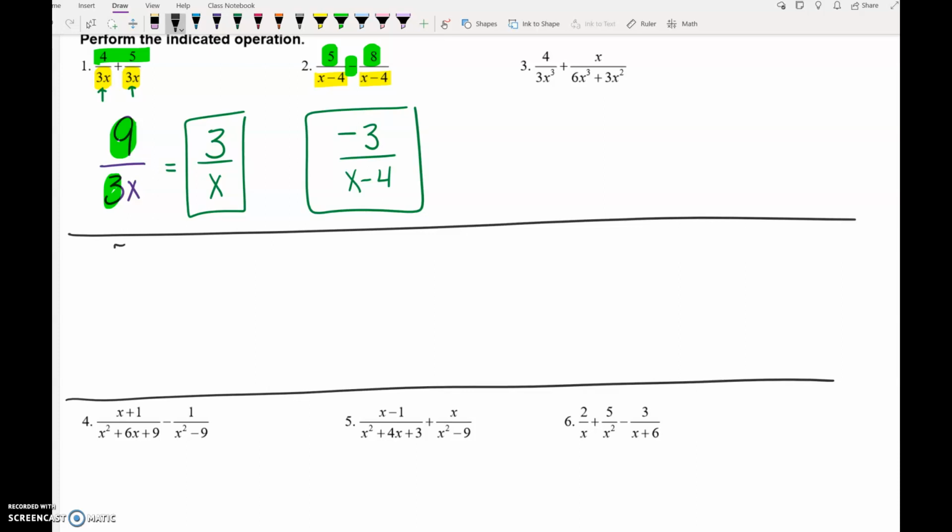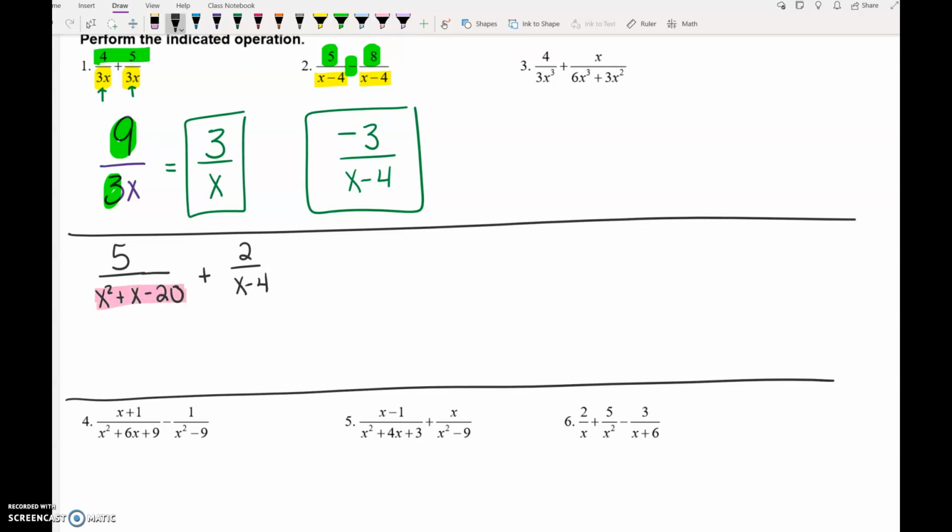We're going to do 5 over x squared plus x minus 20 plus 2 over x minus 4. Now the first thing I want you to notice is these denominators are not the same. The first denominator can be factored. So we are going to take this thing and factor it.